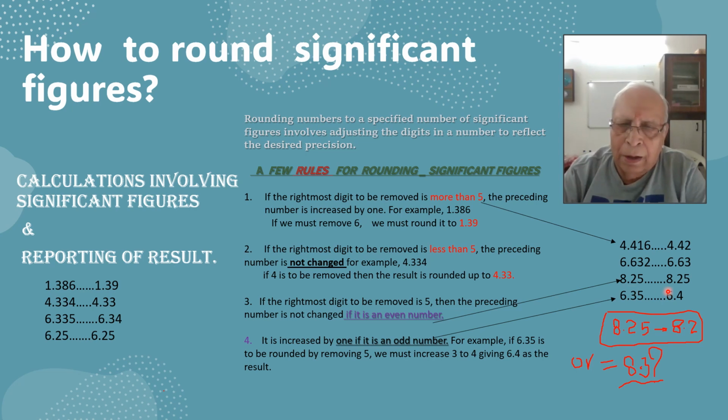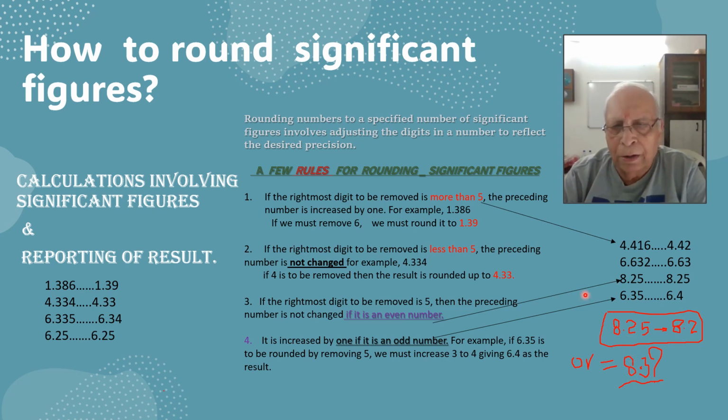If you feel that 8.25, by limiting to two significant figures as 8.2, will not affect the precision very much, then we can reduce it and we say it is 8.2, or sometimes you can make it 8.3.